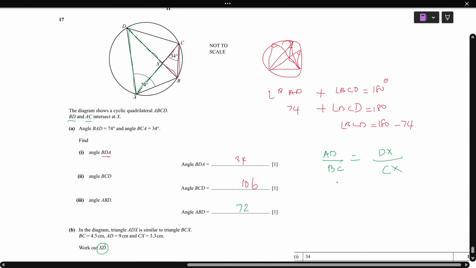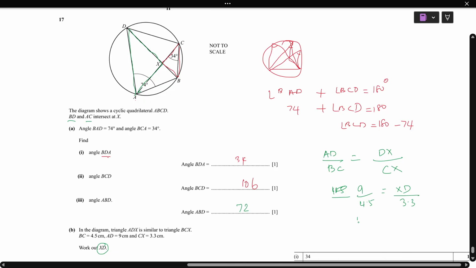So values are given. The numerator is 9, so 9 by BC is 4.5, equal to XD by 3.3.